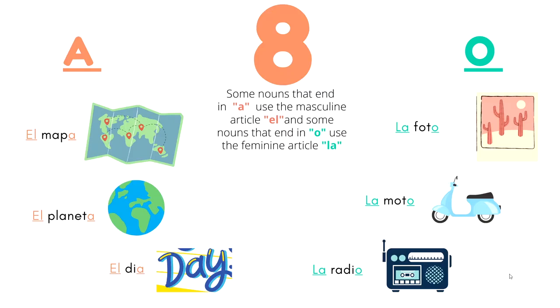There are more, but this is just bite size, easy to digest. So let's go over some nouns that end in A that use the masculine article el. The map, el mapa; el planeta; el día.